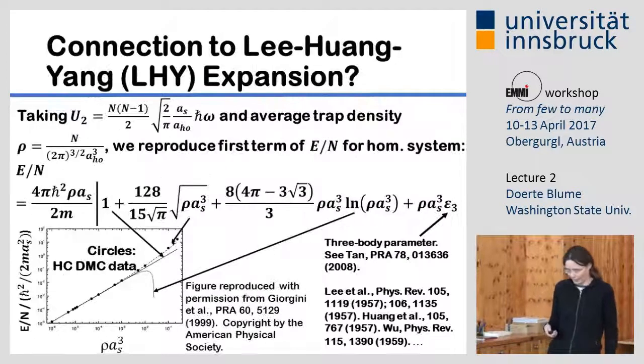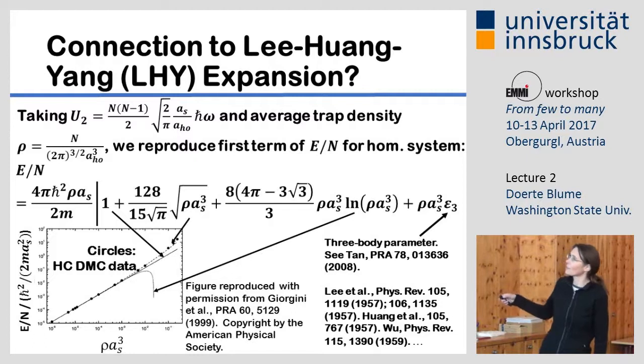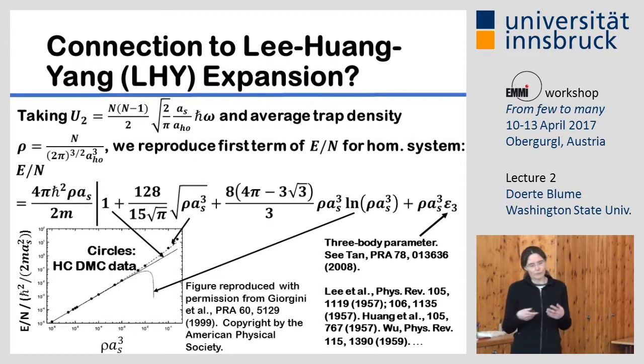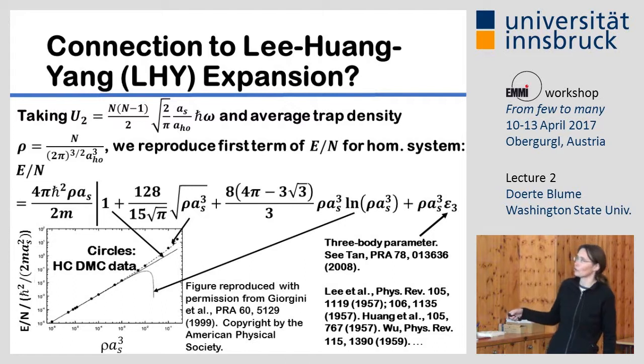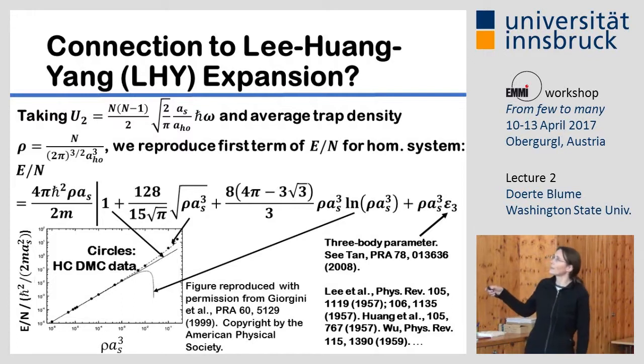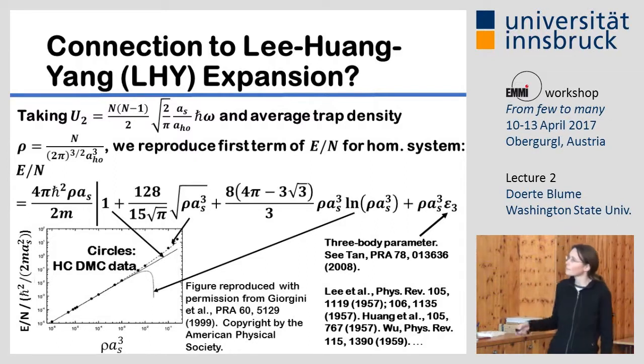So maybe the last thing that I just touch on is we have this weakly interacting system now. We've described it in a trap. How does this connect to, again, more of a many-body type viewpoint, and in this case, the Lee-Huang-Yang expansion.